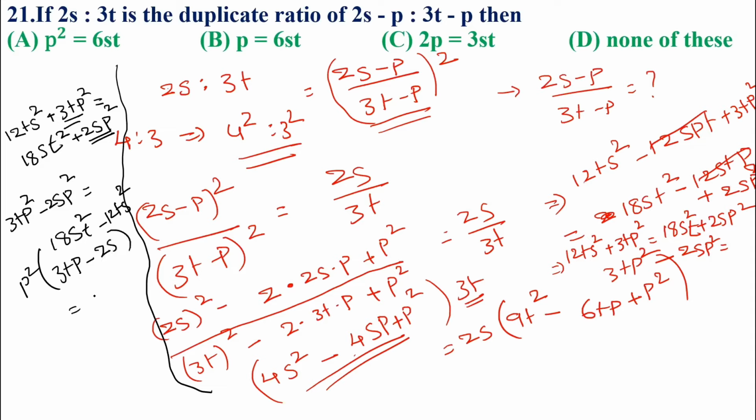Here, if I take common ST and 6, 3T minus 2S. So 3T minus 2S cancels. P square is equal to 6ST.